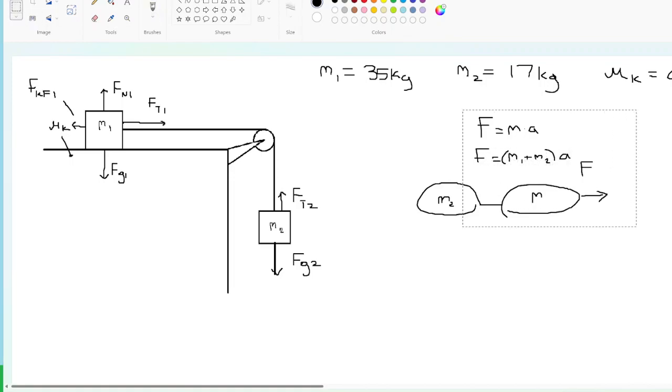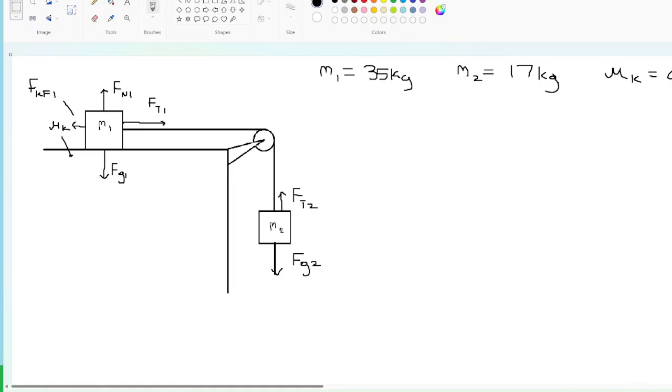The same is true here, because this block is being pulled down by the force of gravity. It would fall with the acceleration of g, which is equal to 9.8 meters per second squared. But it's not pulling just itself, it's pulling this as well, so we have to consider all of this in this case.